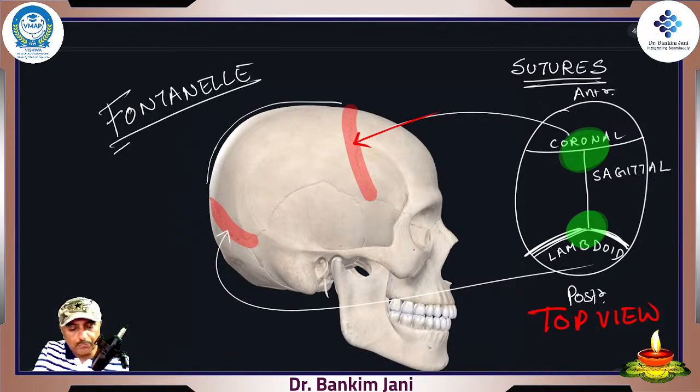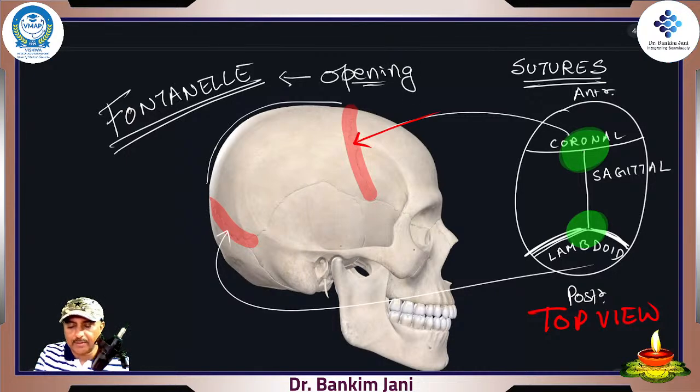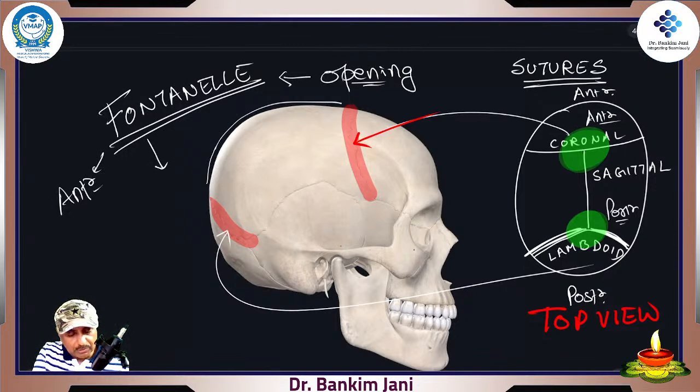Fontanelles are like an opening, covered with a very thin layer of cartilage. This one would be the anterior fontanelle and this one would be the posterior fontanelle. So we have got anterior fontanelle and posterior fontanelle.